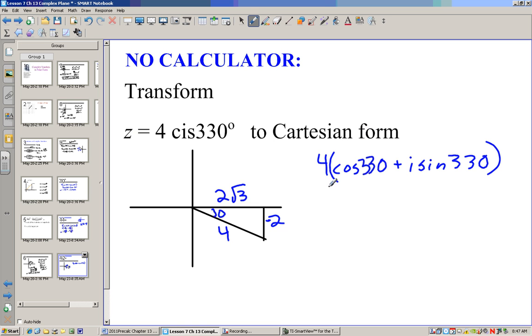Cosine of 330 is going to be adjacent over hypotenuse, which is root 3 over 2, where the sine is going to be negative 1 over 2.